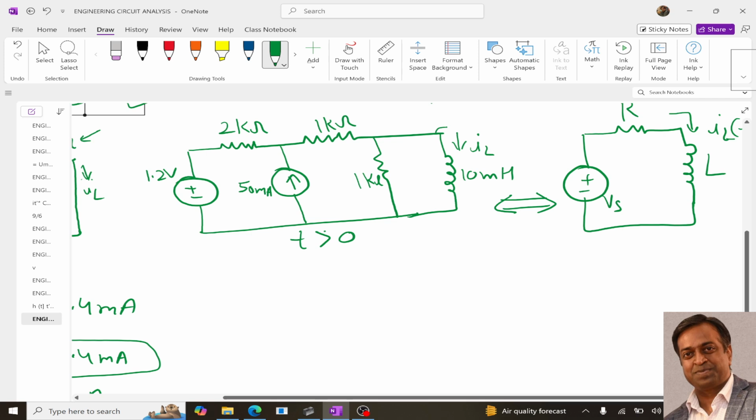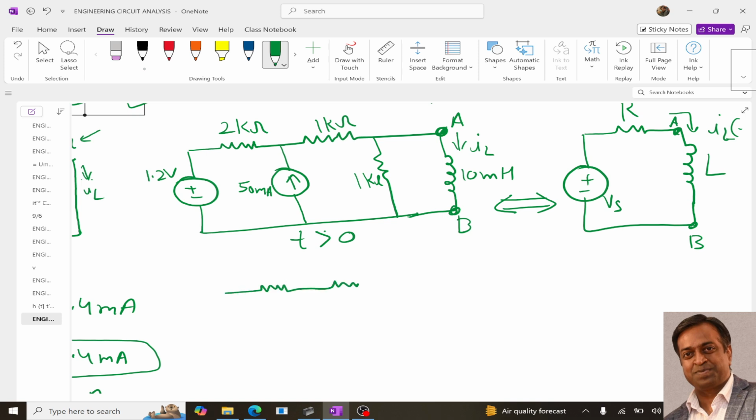The first step is that, if this is the AB terminal, this is A, this is B, we will first remove this inductor. Once we remove this inductor, our circuit will look something like this. Simply we just need to remove it.